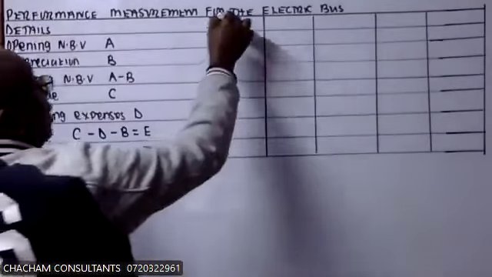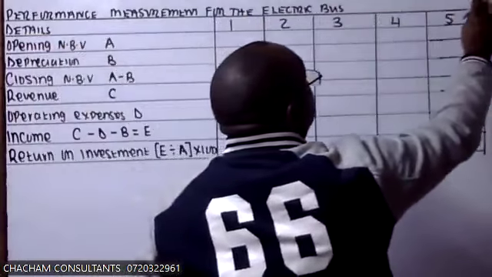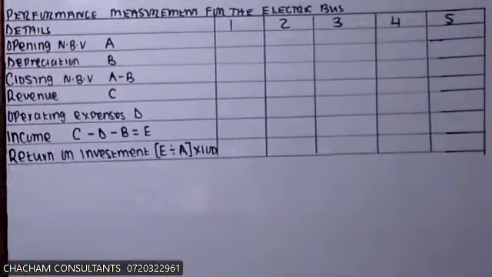So we have here 1, 2, 3, 4, 5. Those are the years. So with that now, tuende kwa the opening book values.